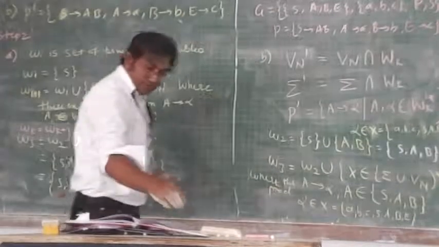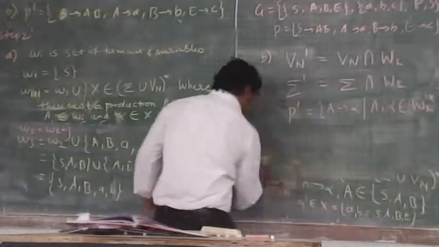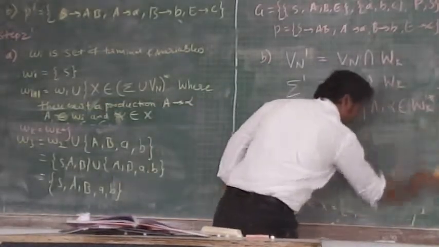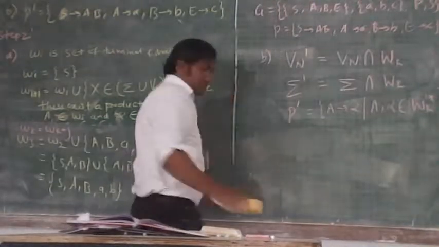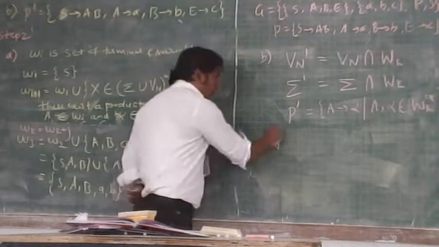As a result of this, what Vn dash do I calculate for my problem?